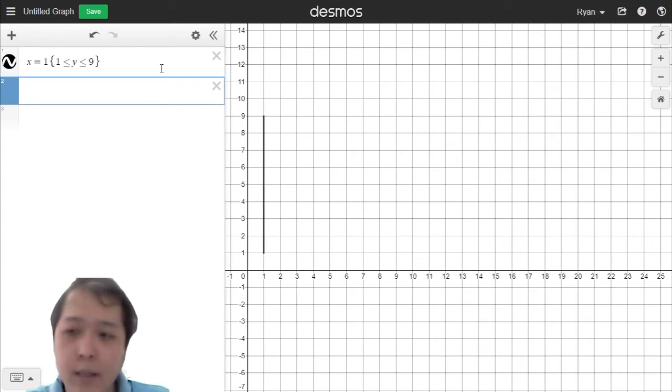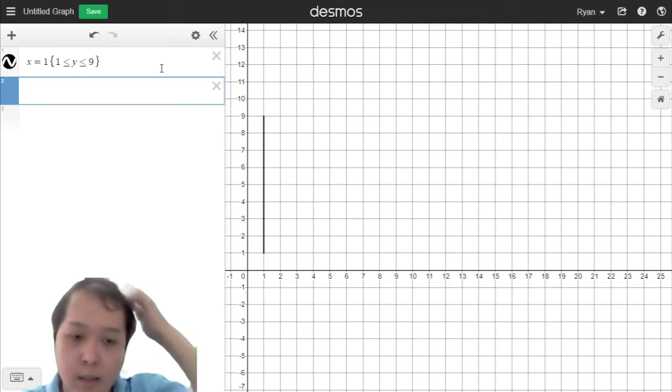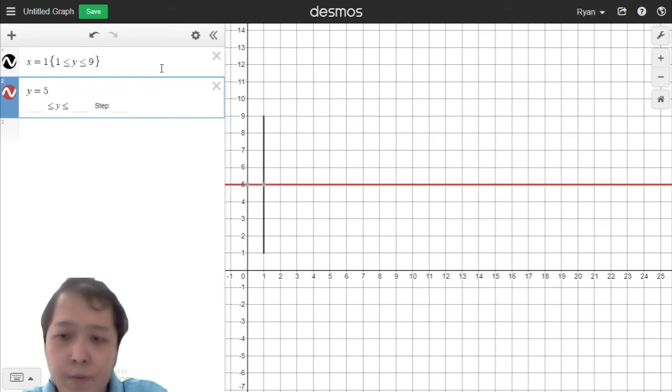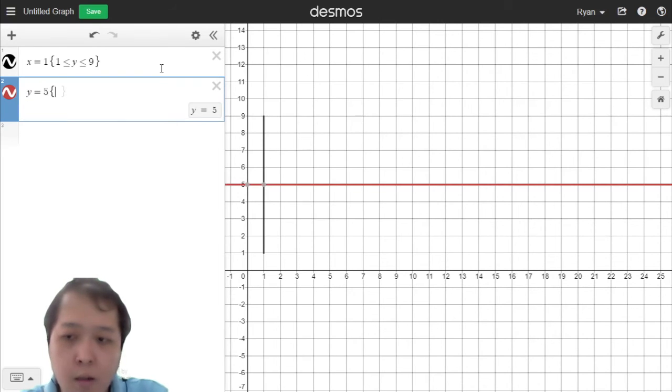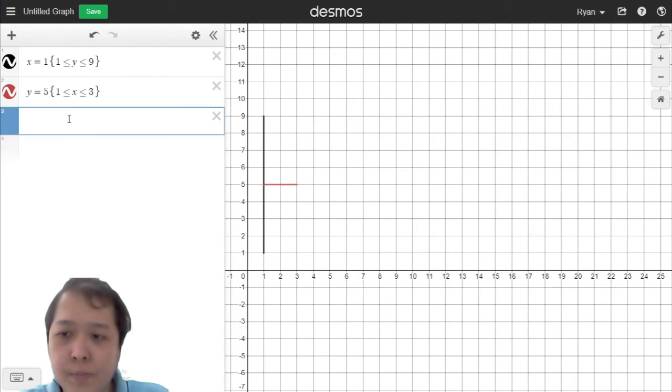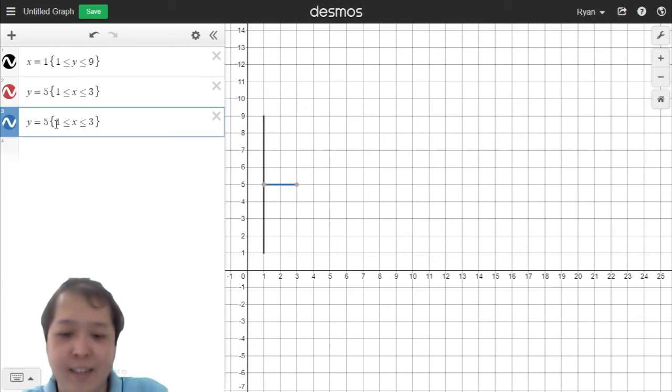Yes, okay, next, a lot of small straight lines, y goes to 5, interval 1 till 3. Copy and paste. It's a little fast.